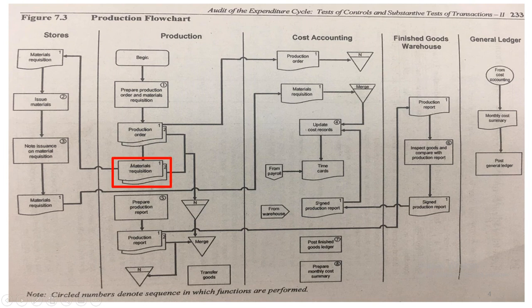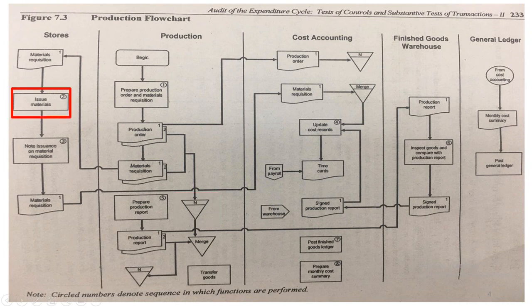And then for the materials requisition, the first copy will be given to the stores. And the second copy for the materials requisition along with the production order will then be filed in numerical order by the production department.